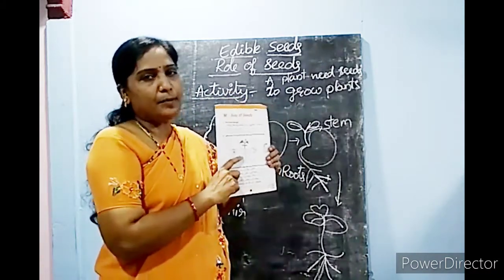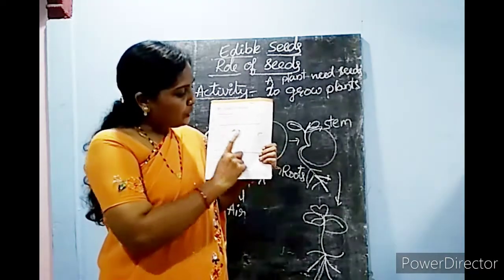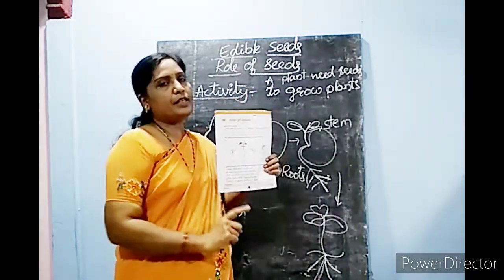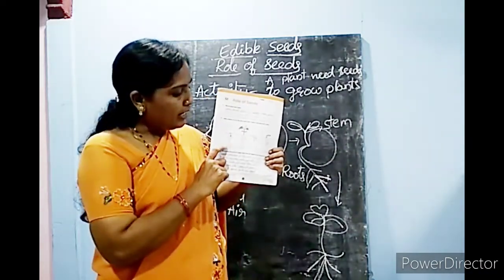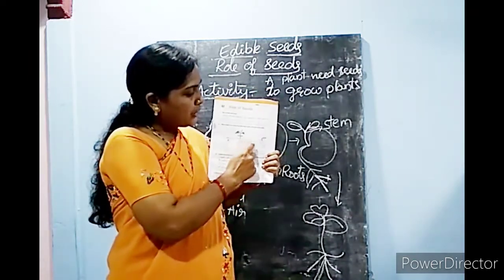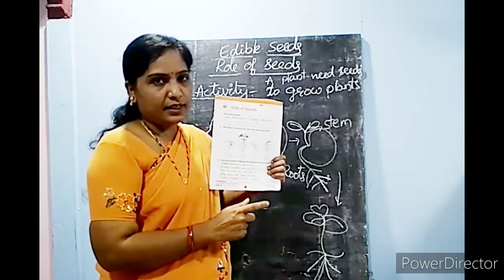Is it coming in second step? No, that's wrong. So identify among these four pictures which picture comes first. Near that write number 1. The first is the normal seed. You are supplying the materials like air, water and sunlight.